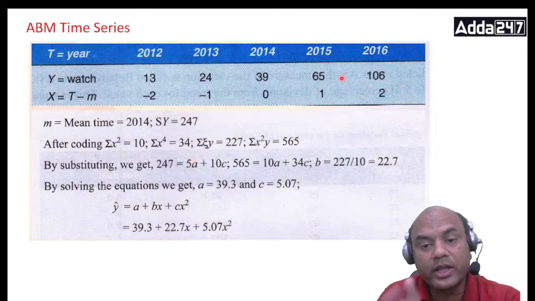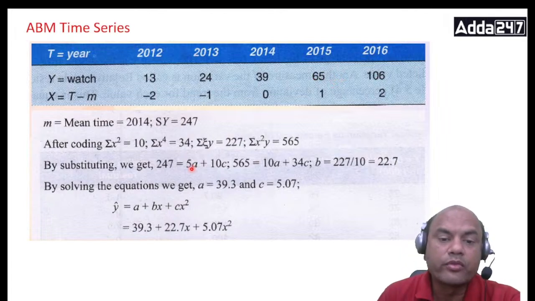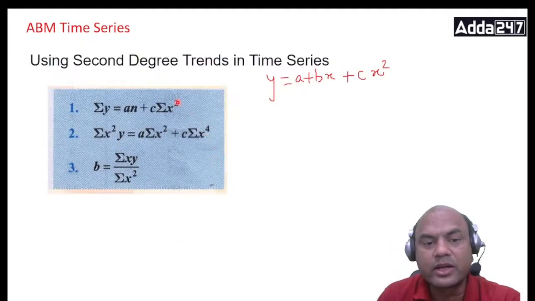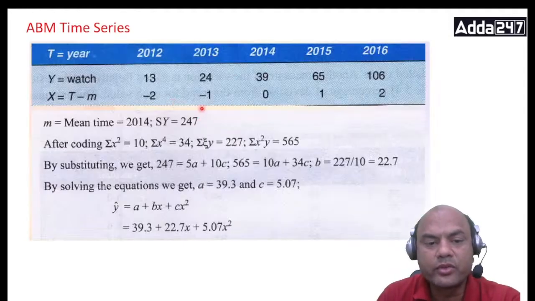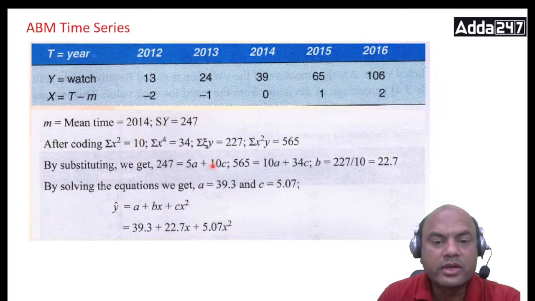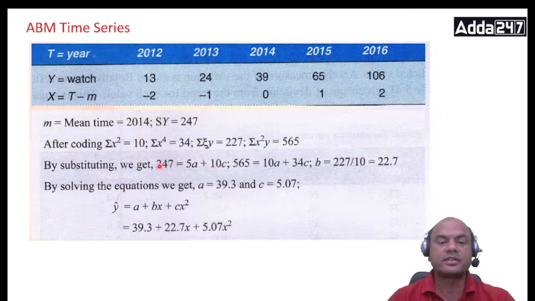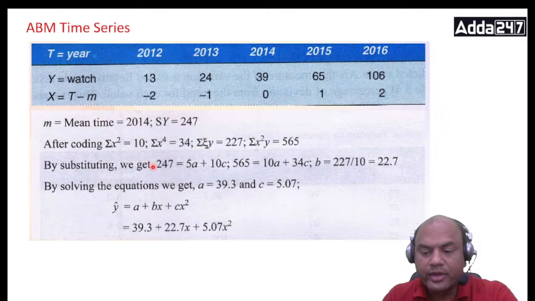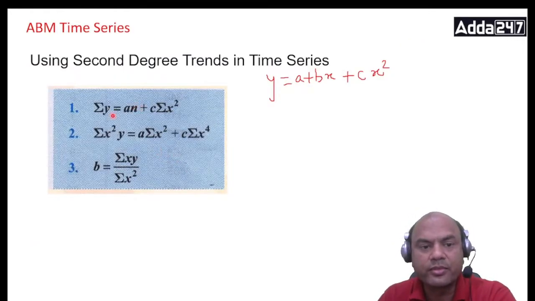So you have to find a now. So 5a plus 10c. What is this 10c? C summation x square, and summation x square you already have, 10. Substitute this, and you get the first equation. Remember, this is equation number 1.